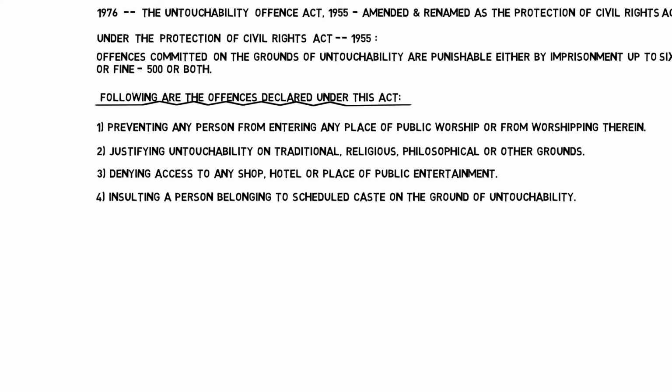And if such a practice has been carried out, then such a person would be penalized for insulting the other person on the grounds of untouchability. So that's another important offense, the fourth, under the Protection of Civil Rights Act 1955.